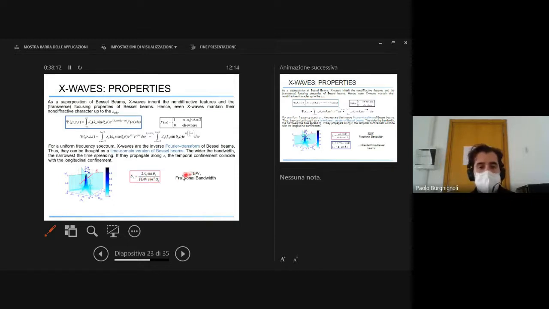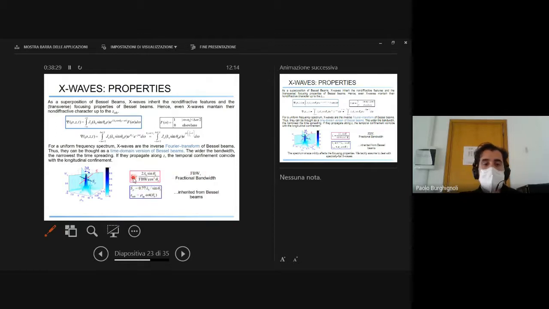This is a very interesting property because it means that in principle you can squeeze the beam along the longitudinal z-axis as much as you want if you enlarge the fractional bandwidth of the pulse.